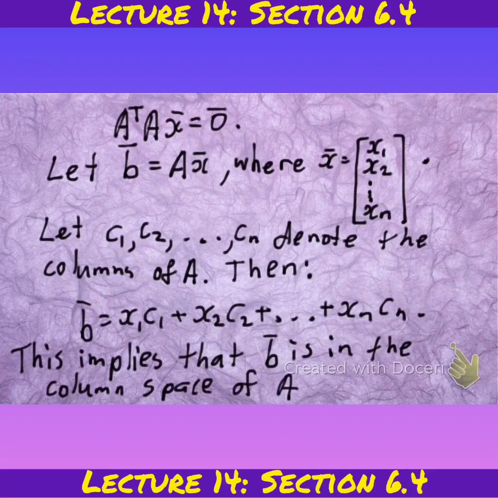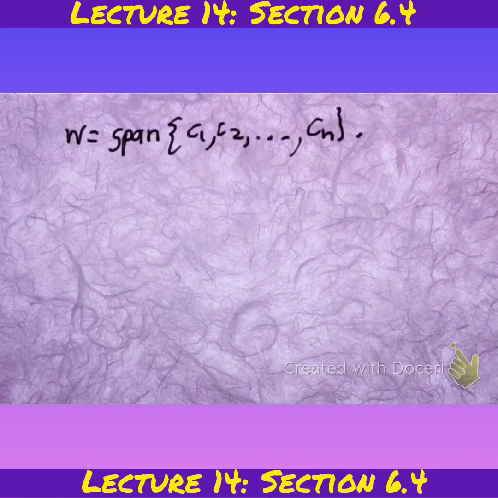It's in the column space of A. Let's call the column space of A W. That W is a subspace, right? So there's W. It's the span of the column vectors, or the columns of the matrix A.